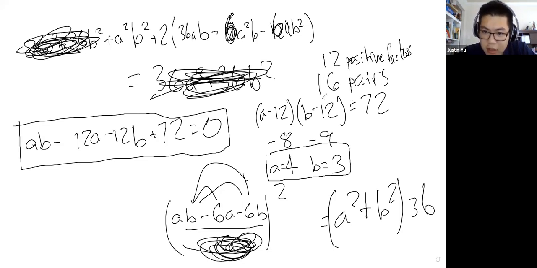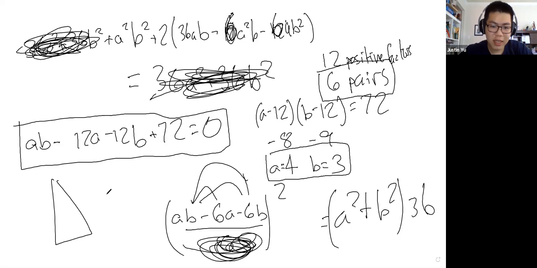So it turns out that there are only 6 solutions. Why am I picking the 6 instead of 12? I see, because you need to pair them up, and because order doesn't matter.